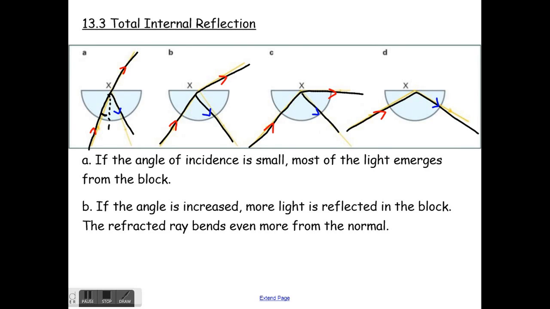In this one, as the angle of incidence gets bigger, more light is reflected in the block and less leaves the block. So there's more of a reflection here, and the angle of refraction is getting bigger and bigger. As the angle of incidence is getting bigger, the angle of refraction is also getting bigger.